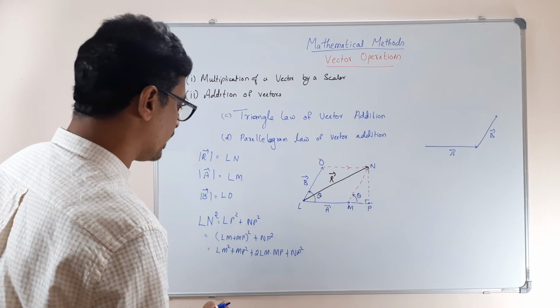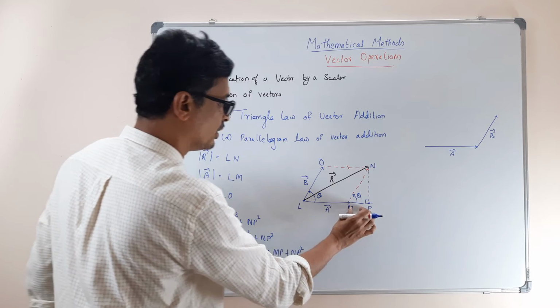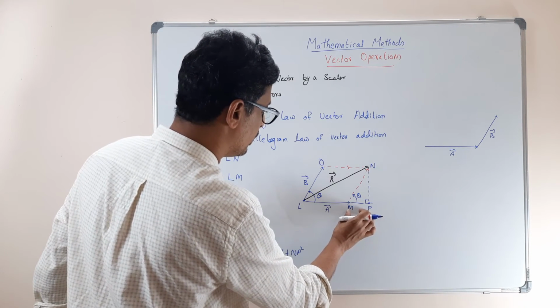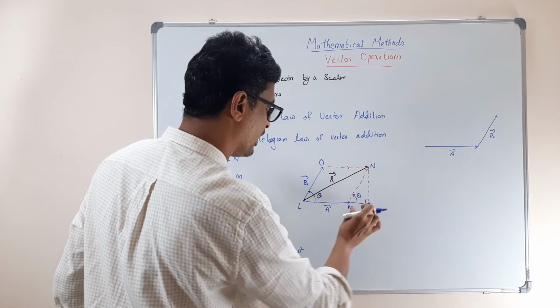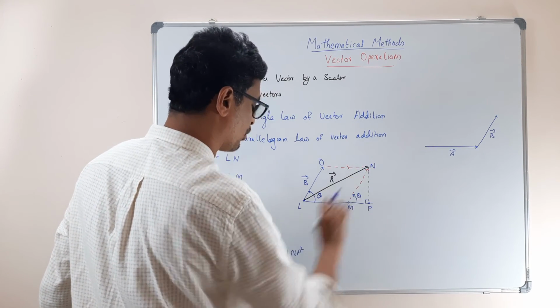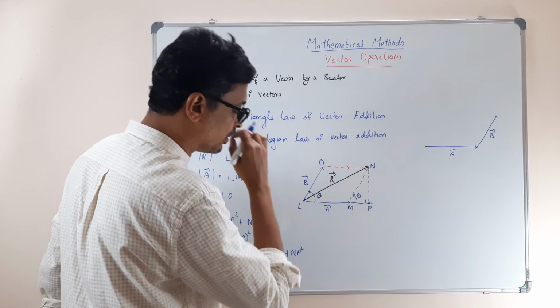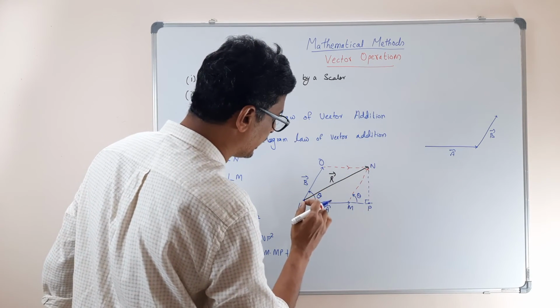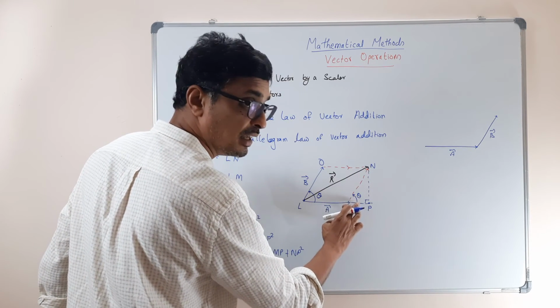LM we have got, and MP we have to find out, right? And NP square is also to be found. Let us write it in terms of theta. This is theta.